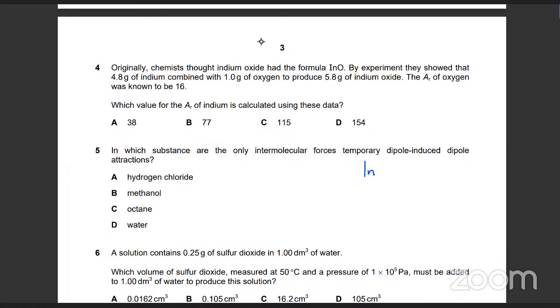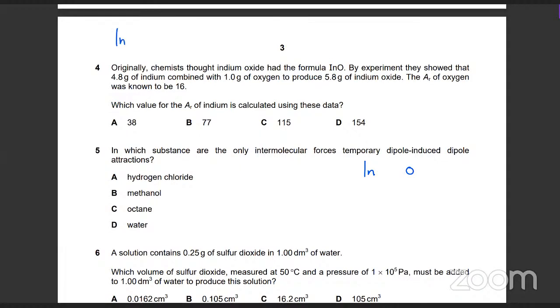So he's already given you that the formula is InO, right? How do you approach this question? How do you figure out the Ar? Write out the equation first, sir. Is it? We write an equation, उसके moles balance करके, mass दिया हुआ है, MR उस तरह निकालेंगे. I mean, what equation?